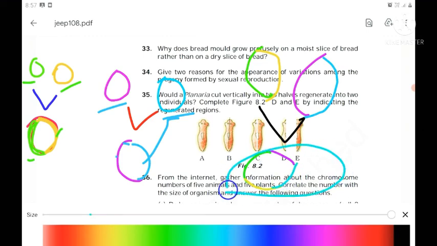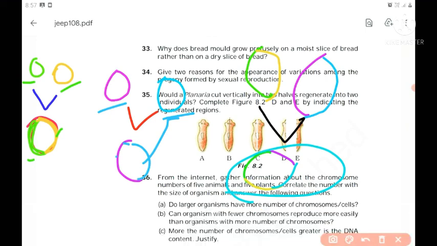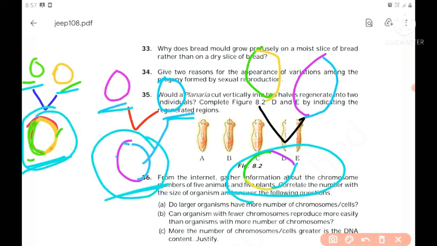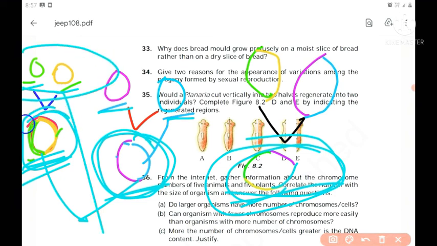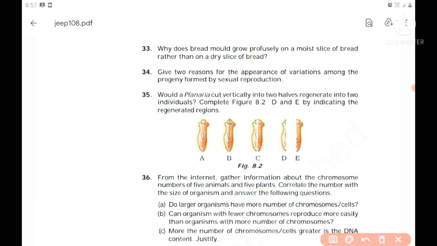This is the organism formed. So now you can see that the characters are different from generation to generation, right? Two parents have different sets of characters. Now this and this are going to give this individual, and this and this are going to give this individual. So the characters are different, but again these are going to contribute different characters, giving a different offspring, a different combination of characters, right? So there is a lot of variation. Obviously, there is a lot of variation between them.